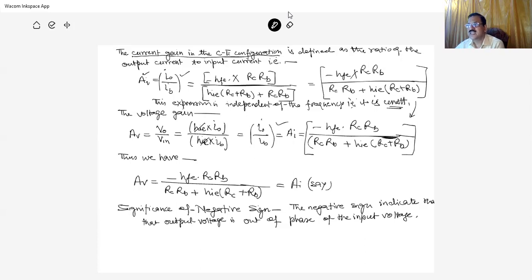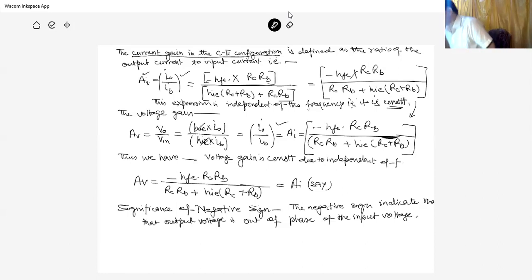Thus the voltage gain is constant and independent of the frequency, and that's why this is the same as in the case of the current gain.